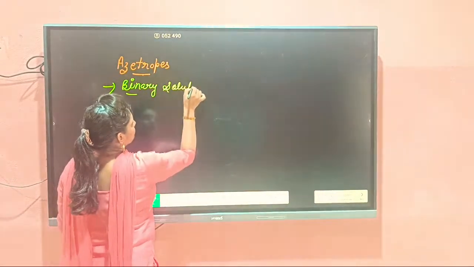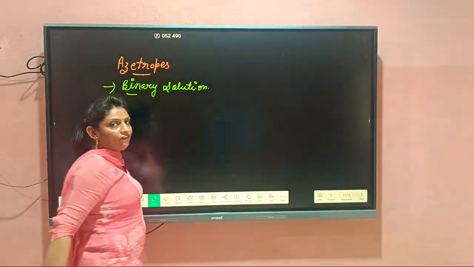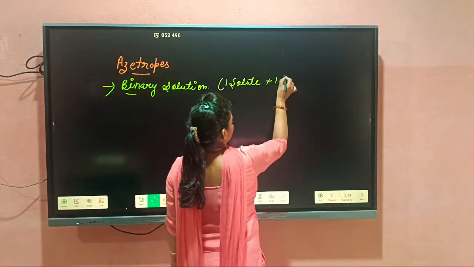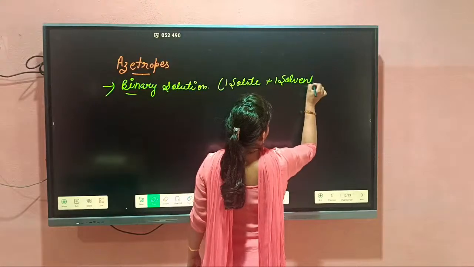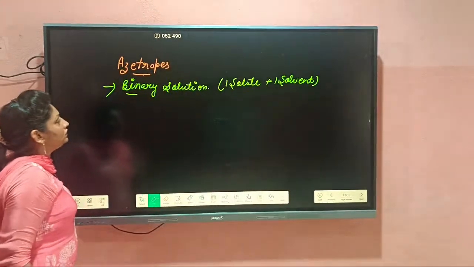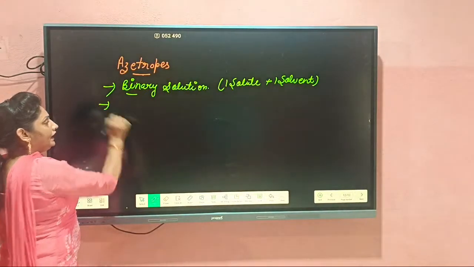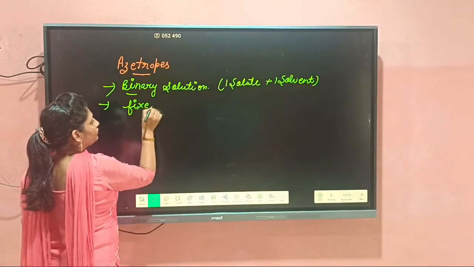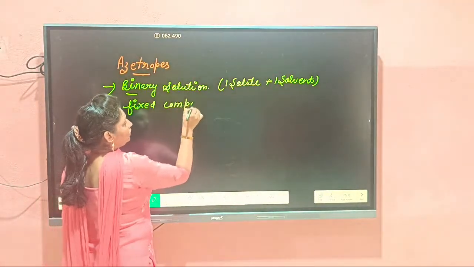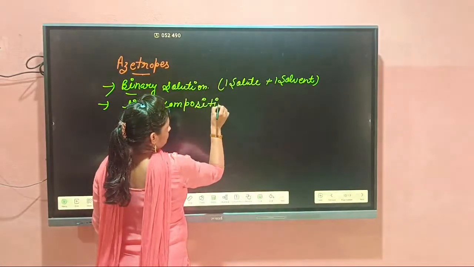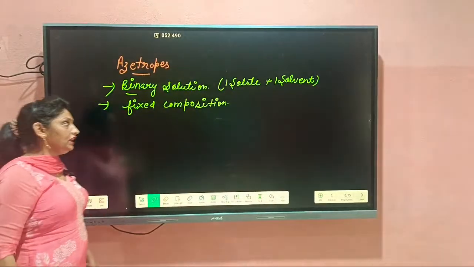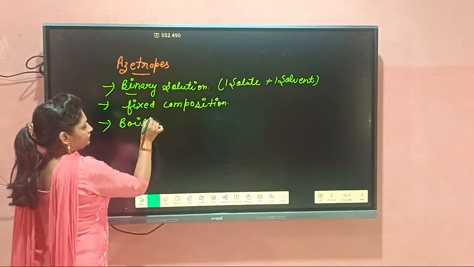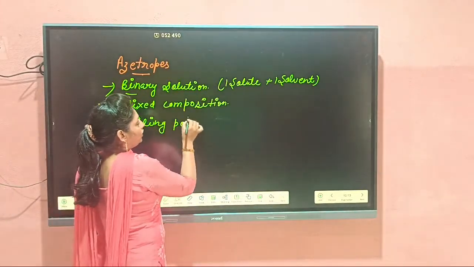Binary solution means they have only one solute and one solvent. Here solute and solvent are mixed in a fixed composition. Composition will be fixed. And if they are in fixed composition, then their boiling point will be constant.